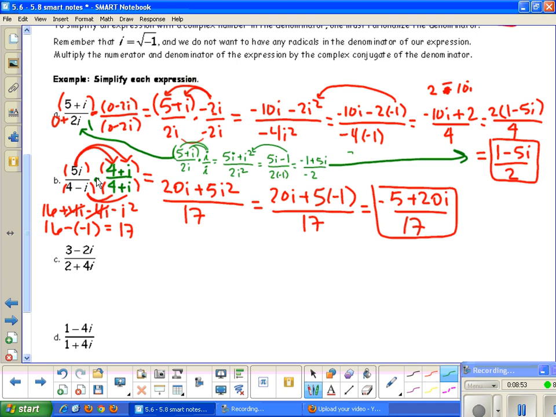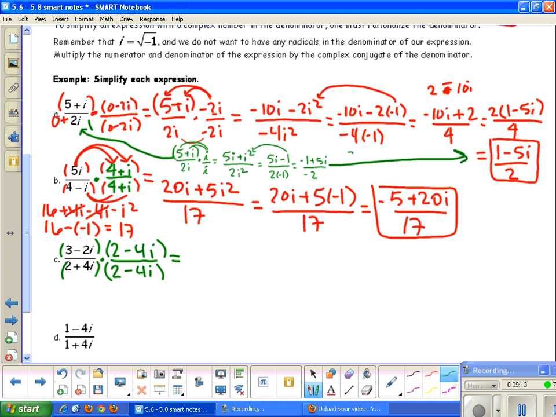So for C, again, we have a binomial in our denominator with i. We don't like radicals in our denominator, so multiply by the conjugate. So the conjugate would be 2 minus 4i over 2 minus 4i. Now I have a binomial times a binomial. So I have to multiply both my numerator and denominator and FOIL them out.